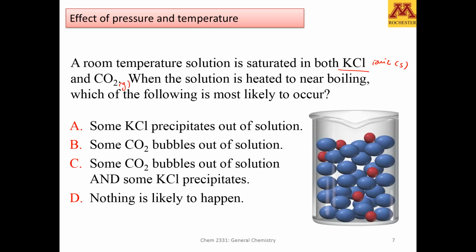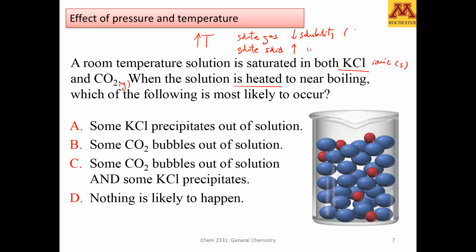Okay, and we say that the solution is heated near boiling. So what is going to happen? Well, we know that as you increase the temperature, typically when the solute is a gas, the solubility will decrease. However, when the solute is a solid, the solubility will increase.